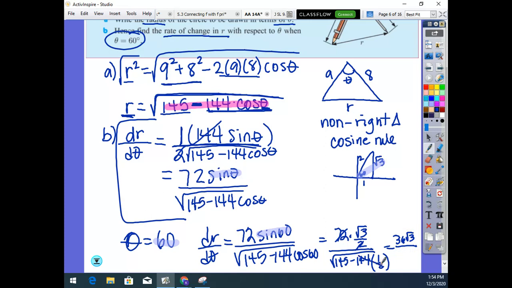This is 72, 145 minus 72 is the square root of 73. This would be all you could do if this were a non-calculator. But if you plug this into your calculator, you would get 7 point, and it's like 2999, so we're going to go 3 sig figs, it'd be 7.30.